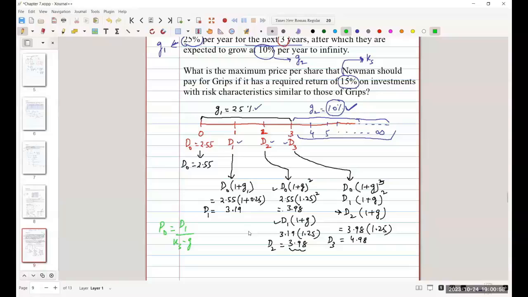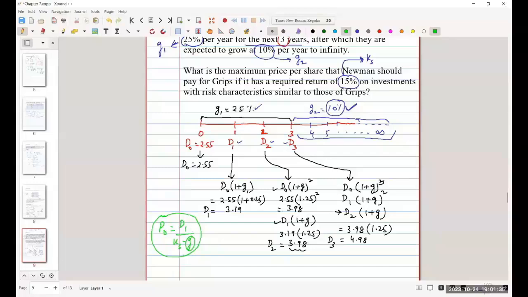When we derived this formula, we said that this will be a series which will keep growing at a constant rate till infinity, and therefore it will become an infinite geometric progression. Then we just take the sum of that infinite geometric progression, and after a little bit of manipulation, it becomes as small as this. So this formula is applicable only when the growth rate is constant and carries on and on and on.